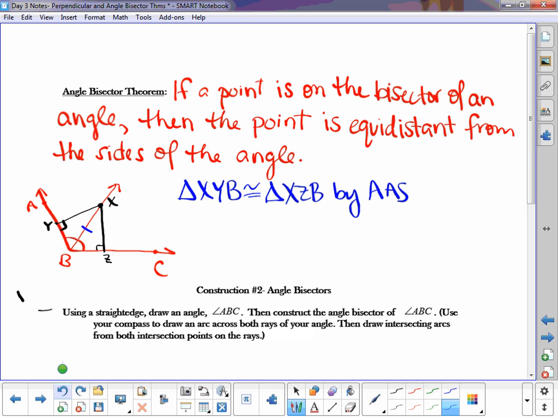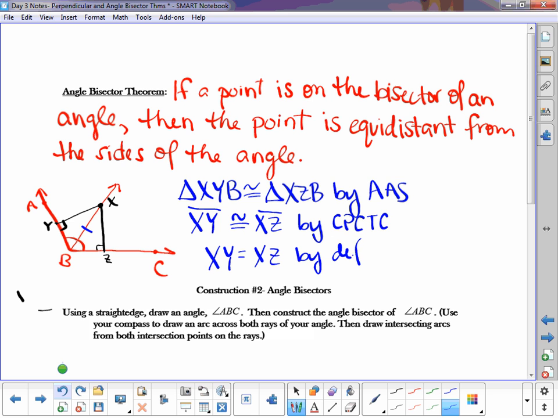So then I can say that segment XY is congruent to segment XZ by CPCTC, which means that the measures are equal. Alright, I'm gonna go put my markings down.